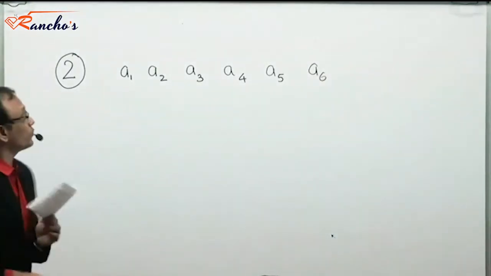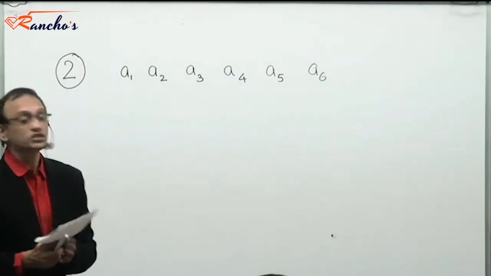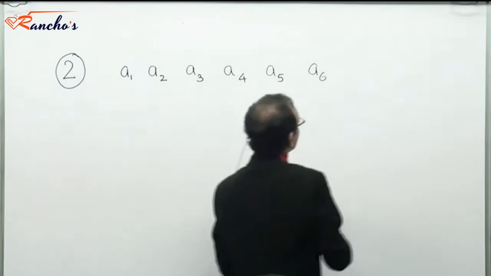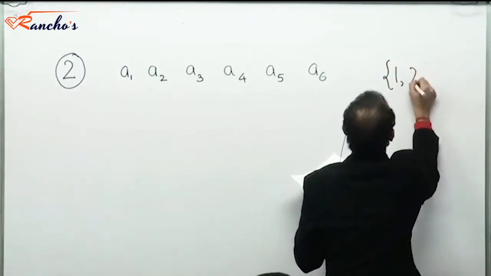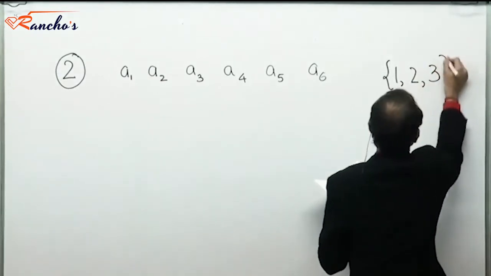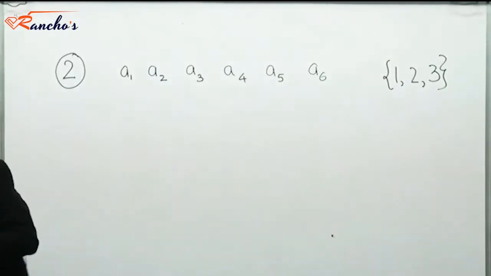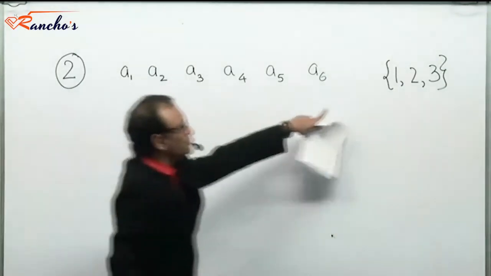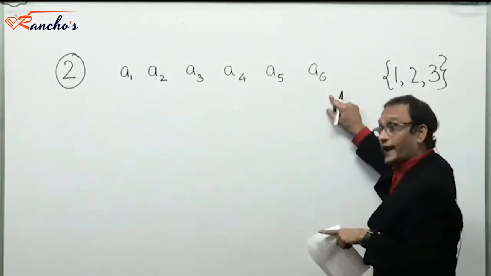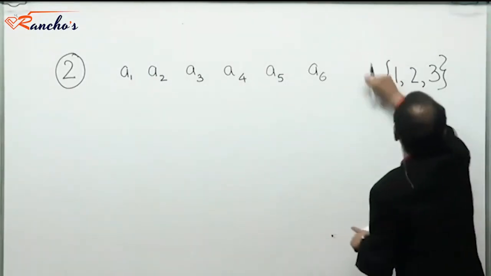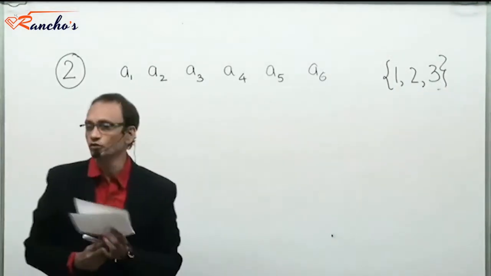What we want to do is create these natural numbers such that 1, 2, 3 are the only digits consumed, and each of these digits must appear at least once in this formation. Yes or no?